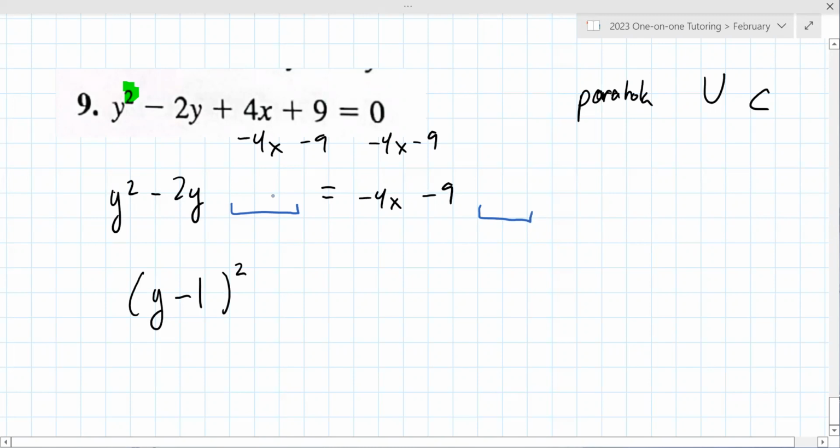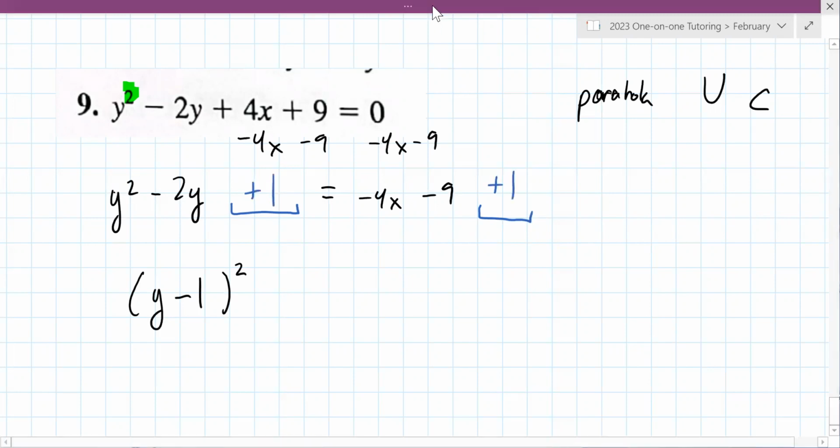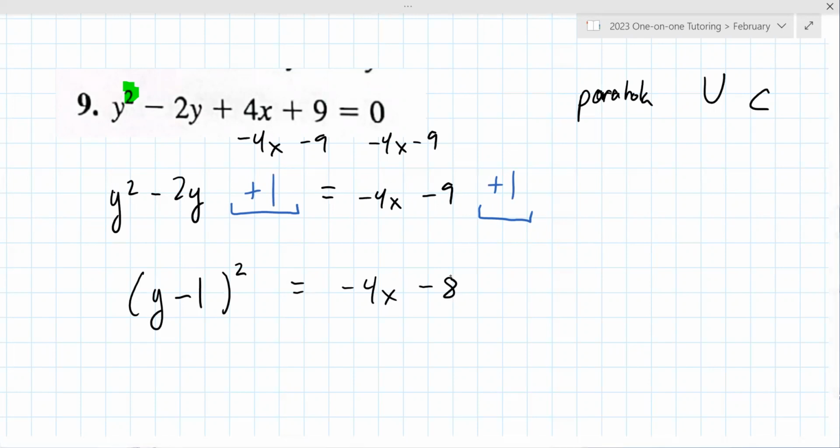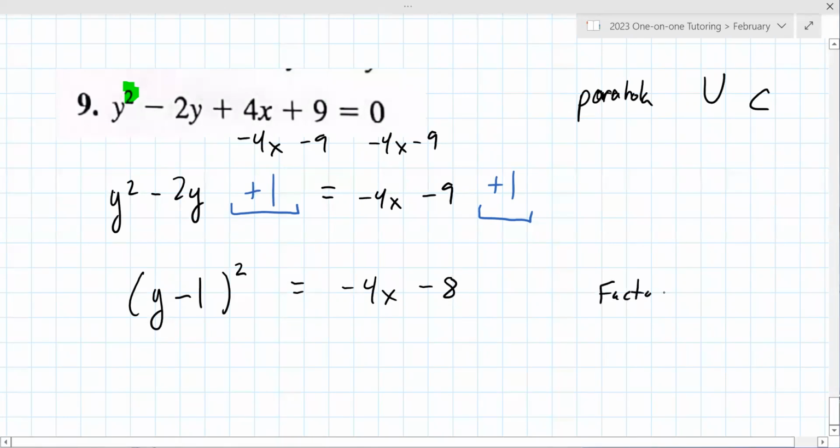Positive 1. On the right-hand side now, it becomes -4x minus 8. Now there's a bit more to do. You have to factor out the number in front of x.